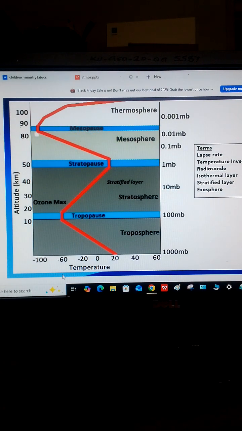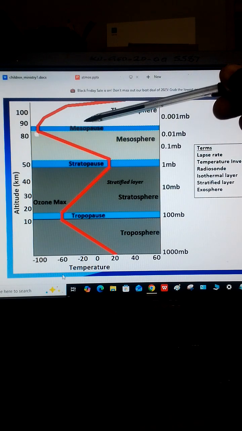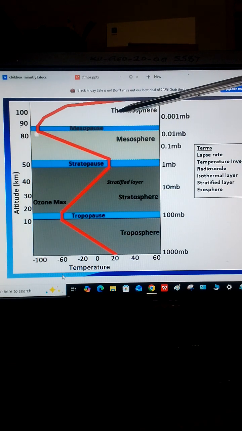Now, the region where atoms and molecules shoot off into space is sometimes called the exosphere, which represents the upper limit of the atmosphere. But before that, we have the thermosphere. In this thermosphere, oxygen molecules absorb energetic solar rays, warming the air.